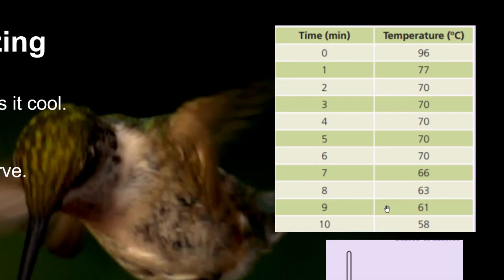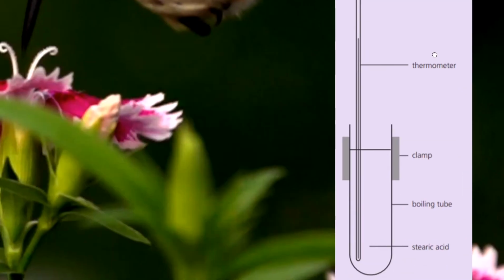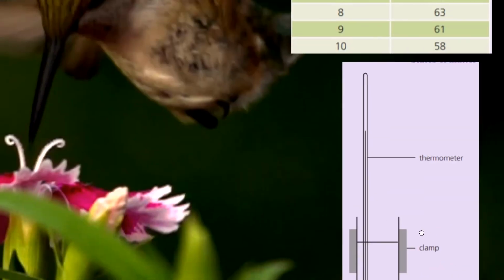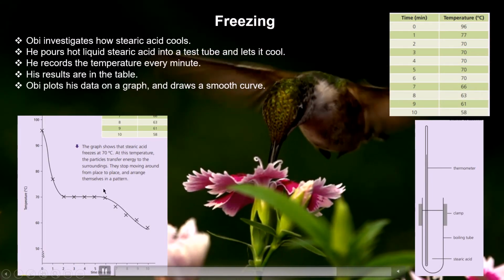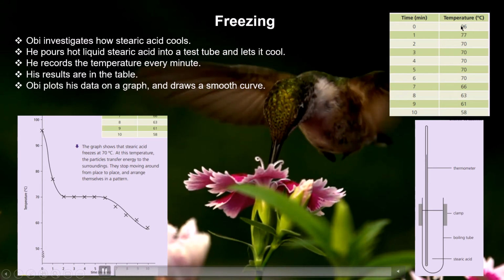So here is his test tube, as you can see. This is the thermometer he used, the stearic acid, the boiling tube, and the clamp. As you can see, I have shown the results here, and we start from 0.